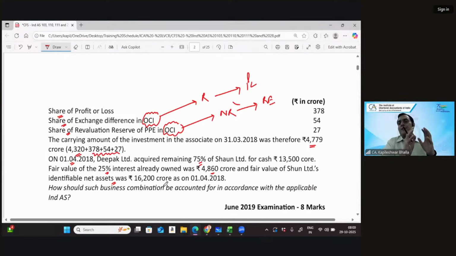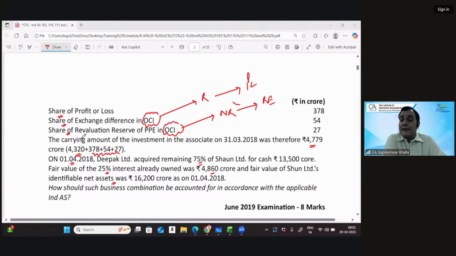Because when you take something in the OCI, it is accumulated in SOCI and it is accumulated with an appropriate nomenclature. The revaluation reserve is already given as a nomenclature. Would you like to tell me where do you park that exchange difference when you apply Ind AS 21? Which particular head it is put across?